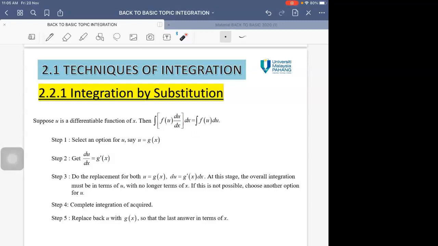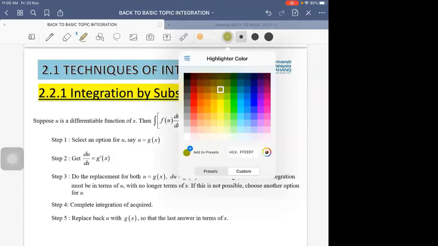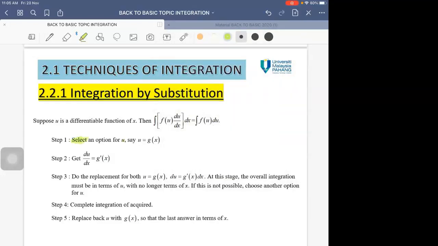So in integration by substitution, the first step, you must select your function u so that you can find the derivative. You differentiate that function u. And then from that u and also du/dx, you can replace back into your original function so that you can simplify the function, and then you integrate the simplification that you did.